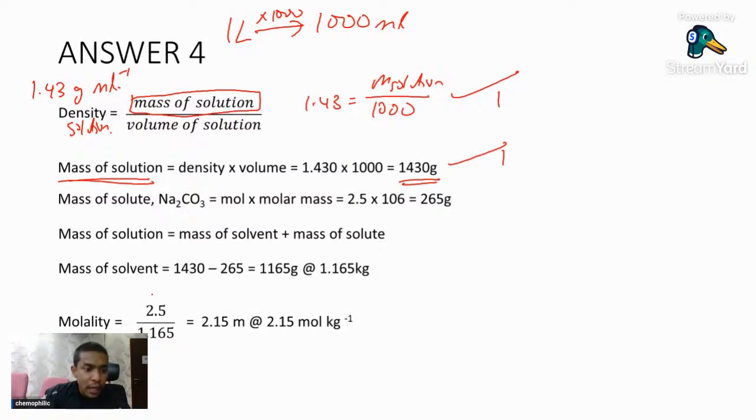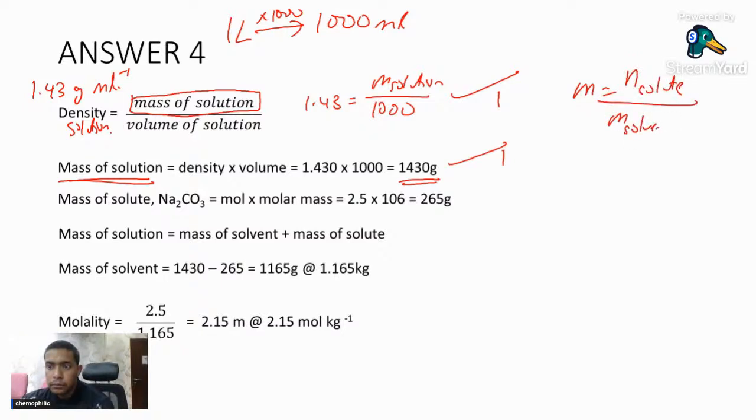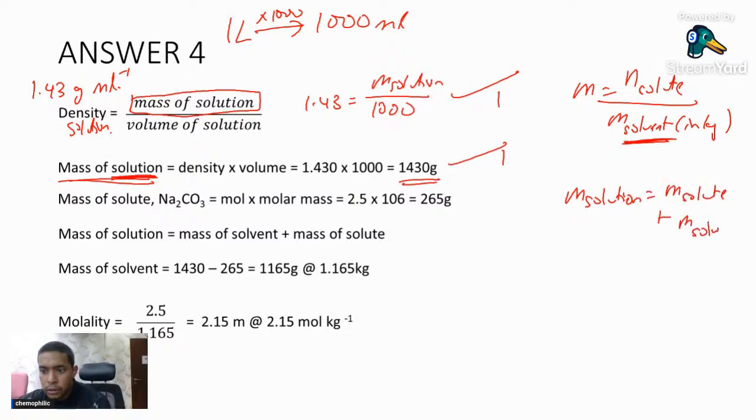Inside our formula for molality, we want the mass of solvent. This is the solution, so we need to find the mass of solute first, because mass of solution is equal to mass of solute plus mass of solvent.